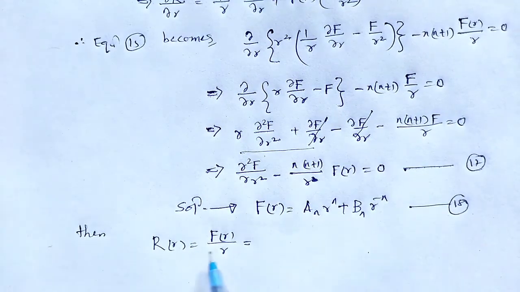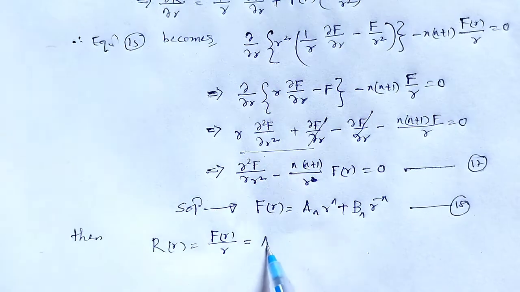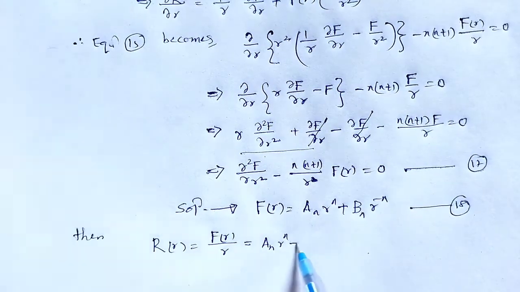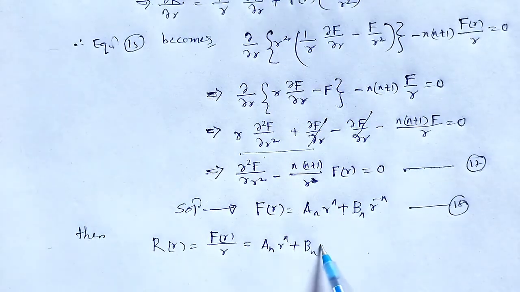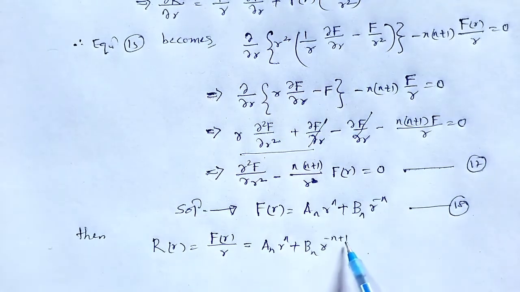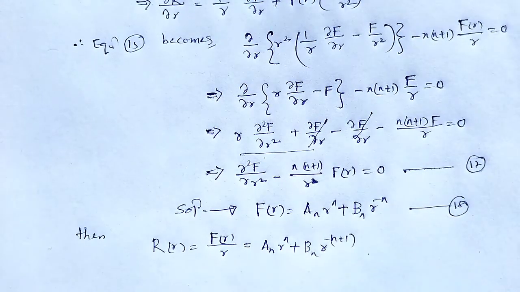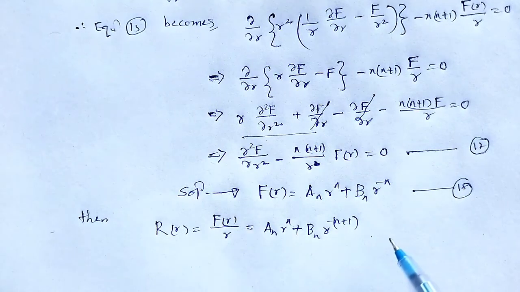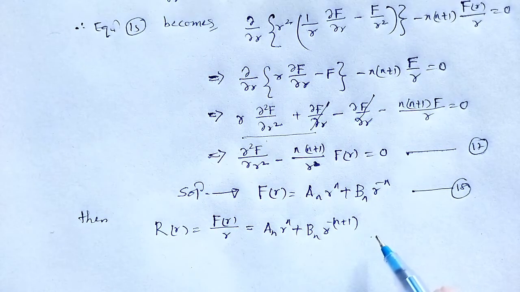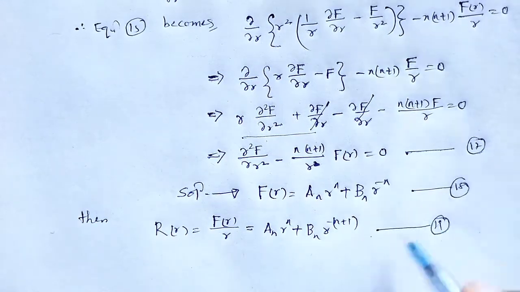Therefore R of r will be a n r to the power n plus b n r to the power minus n plus 1. This is equation number 19.